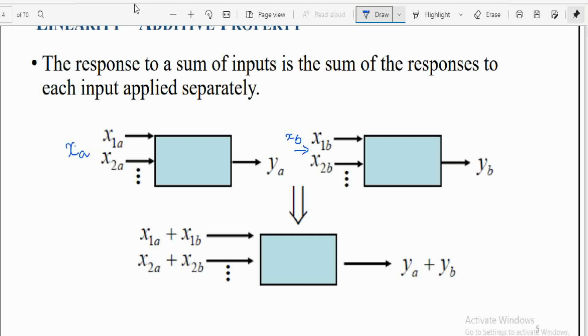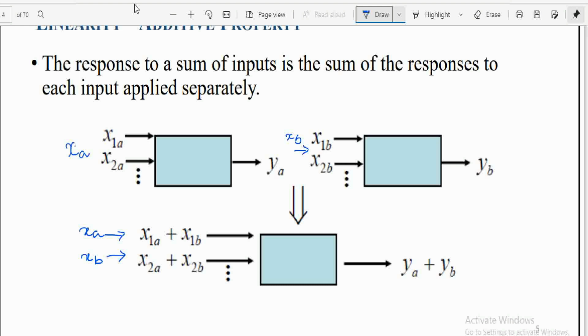The response to a sum of inputs: if I apply XA and if I apply XB at the same time, so the response to a sum of inputs is the sum of responses to each input applied separately. So here you are applying two inputs at a time. The response should be the sum of responses obtained with individual inputs applied.